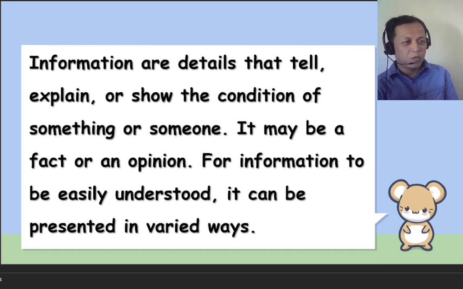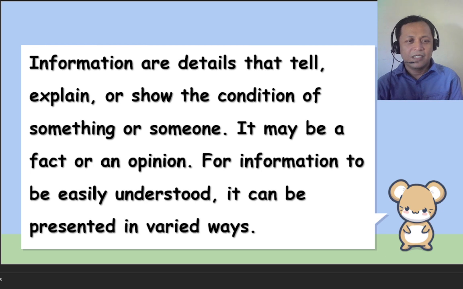If we are going to show or tell or explain or give details of a phenomena about something or important events to someone or in some places, we call this presentation of information. Now, to be more effective in presenting information, we have different kinds of ways in how to present our information.